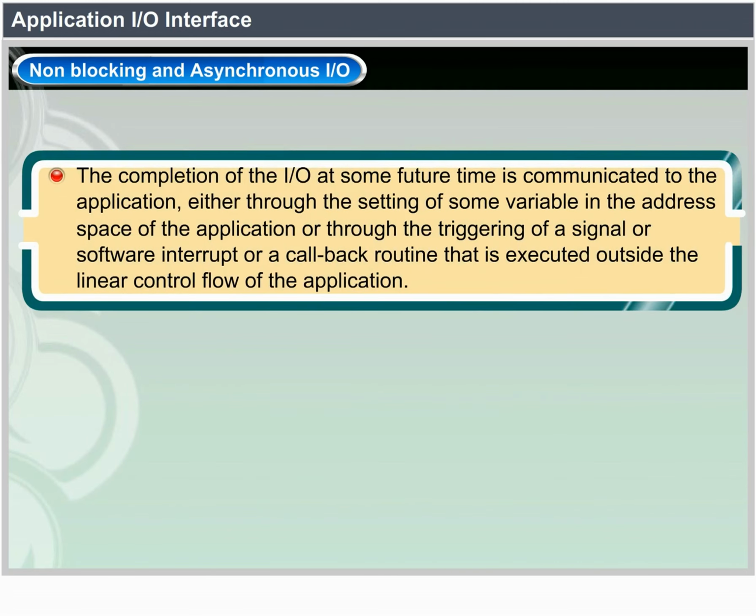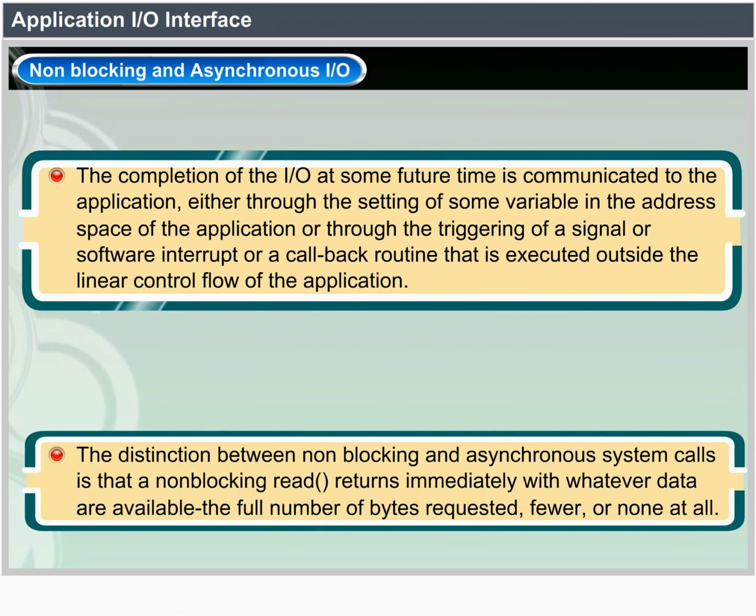The completion of the input-output at some future time is communicated to the application either through the setting of some variable in the address space of the application or through the triggering of a signal or software interrupt or a call back routine that is executed outside the linear control flow of the application.